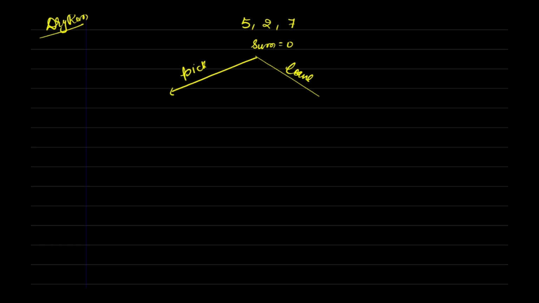Suppose I pick the index element, then my sum will be 5. Now again my array is 5, 2, 7, and in the next level my index will be increased by 1, so it will be here.